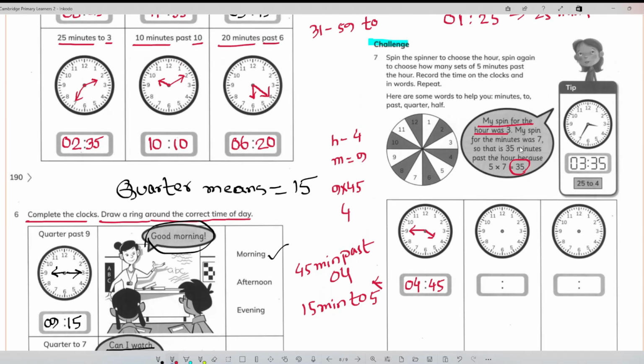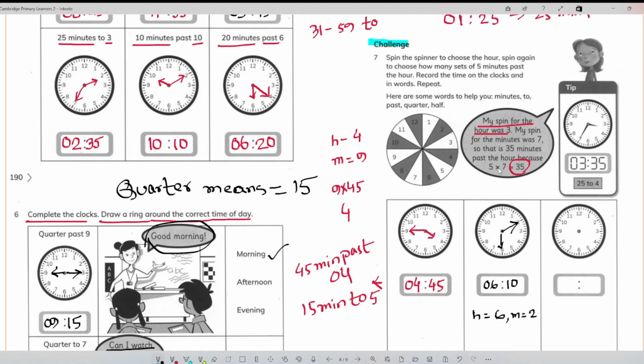Next one, again we spin. The hour is showing 6 and the minute is showing, suppose, 2 after moving. So 6 is the hour, and 2 means 10, right? So this is 6 and this is 10.